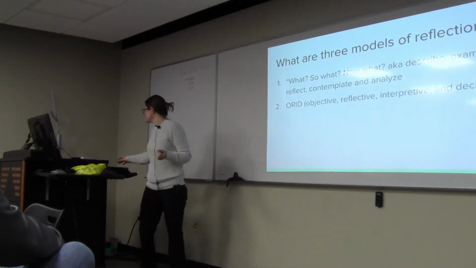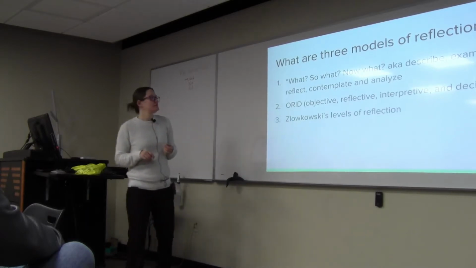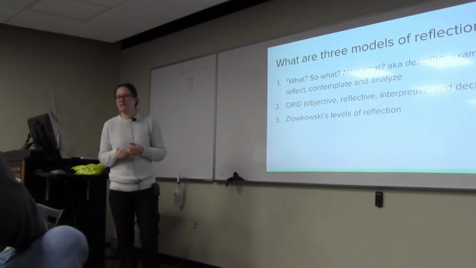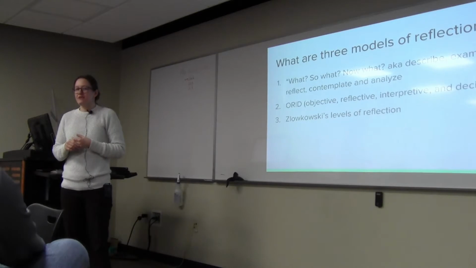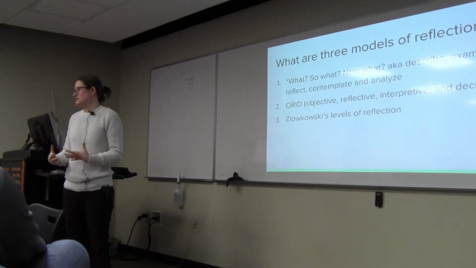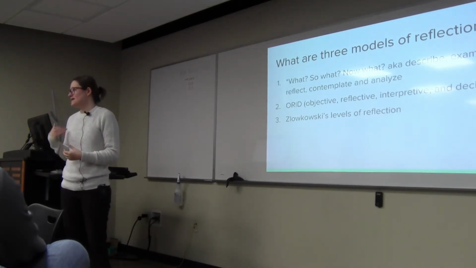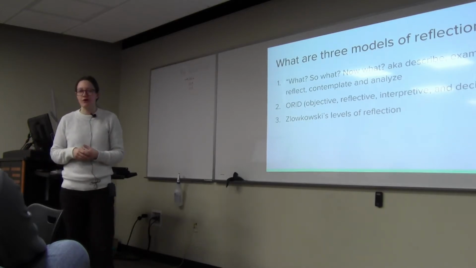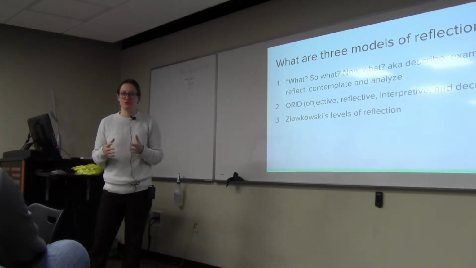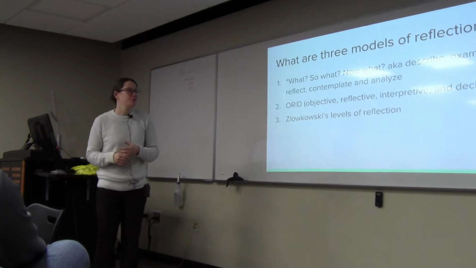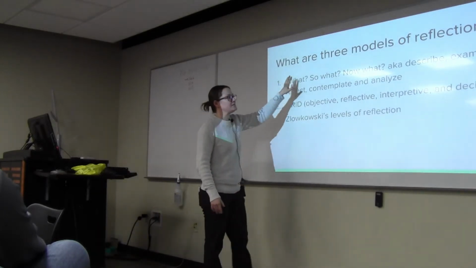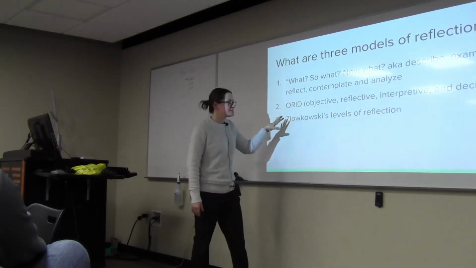So whichever one of these, and the last one is Slokowski's levels of reflection. So whichever one resonates with you, okay, whichever one makes the most sense for you, go ahead and use that one to help you do reflections, okay? But you really want to get at sort of the 3 different levels, 3 different things.